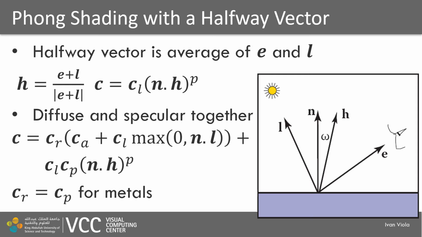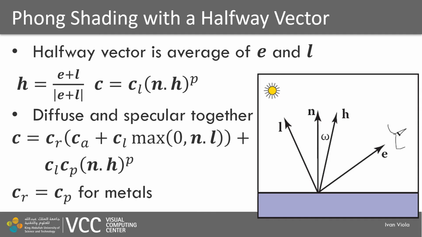And please notice that if the halfway vector turns out to be exactly aligned with the normal vector, this means that the light vector and the viewing vector are perfectly aligned, and the viewing vector is in fact the reflected vector of the light vector around the normal vector.